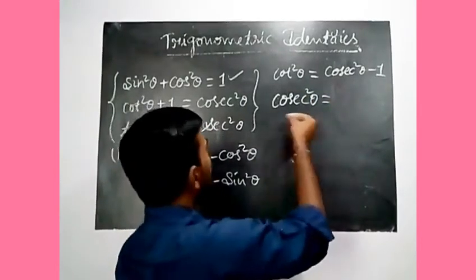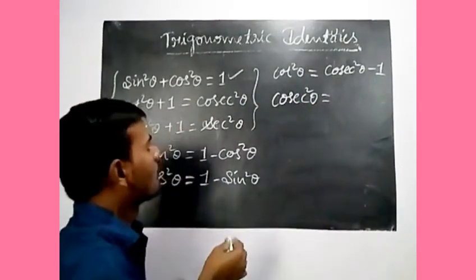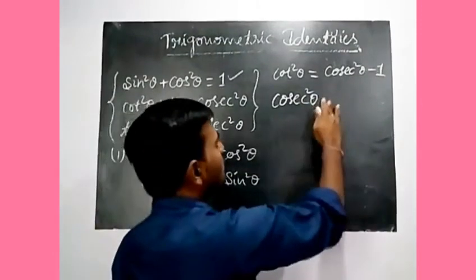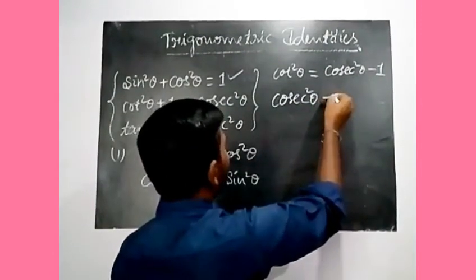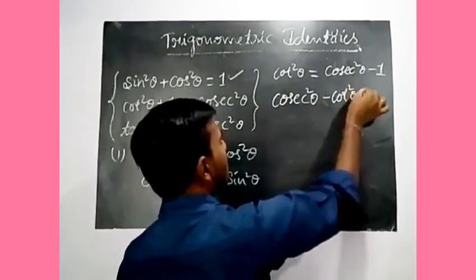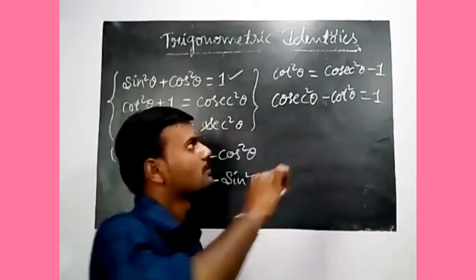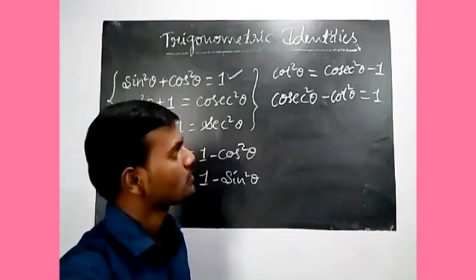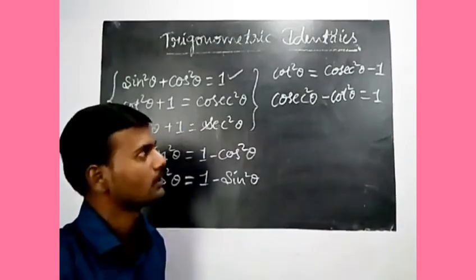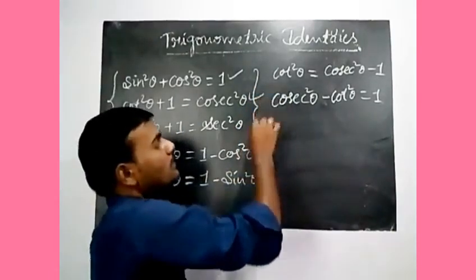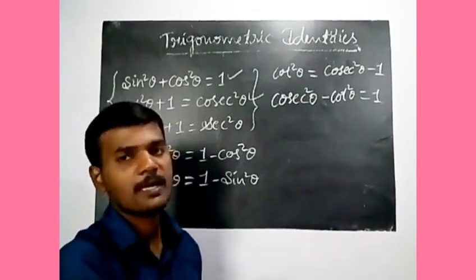Cosecant square theta minus cot square theta is equal to 1.